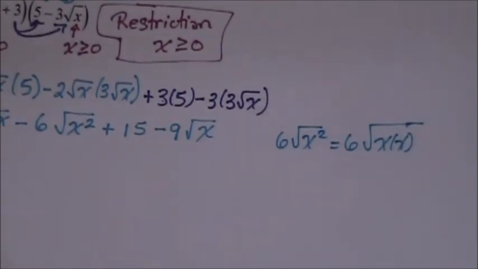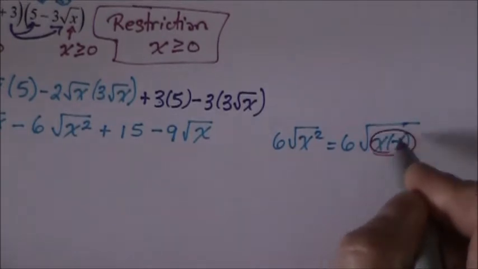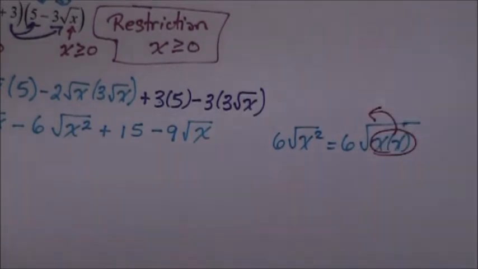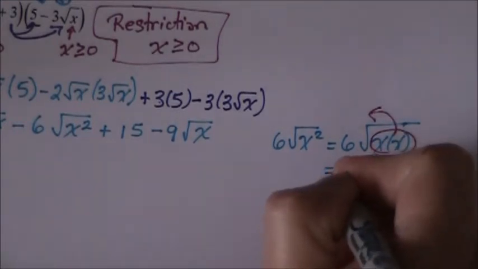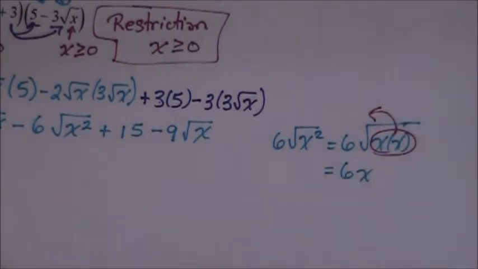And x times x, there's 2 of them under there. So they get to be circled, they get to move out. There is nothing left behind, so we are left with 6x as our simplified answer for that.